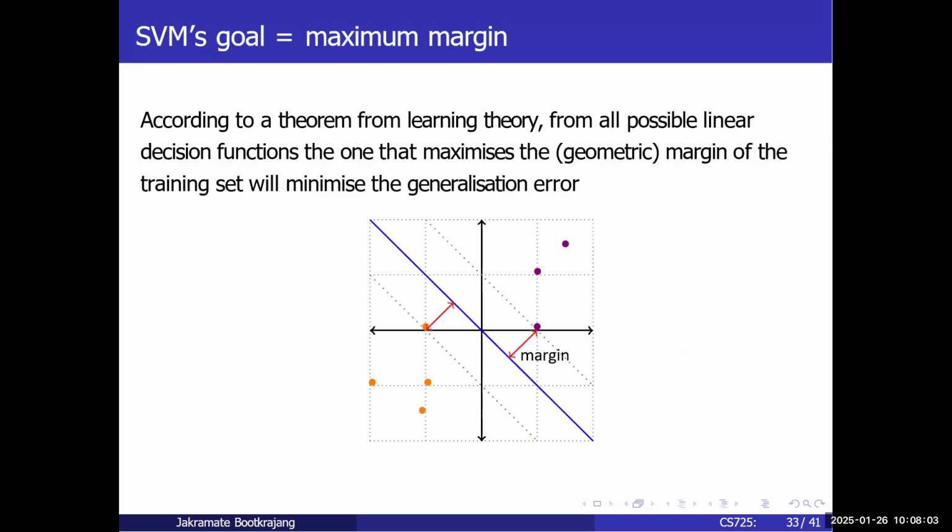And when we have the margin, we can now do some optimization, right? If I change the line a little bit, the margin will also change. So we can find a line that maximizes the margin.